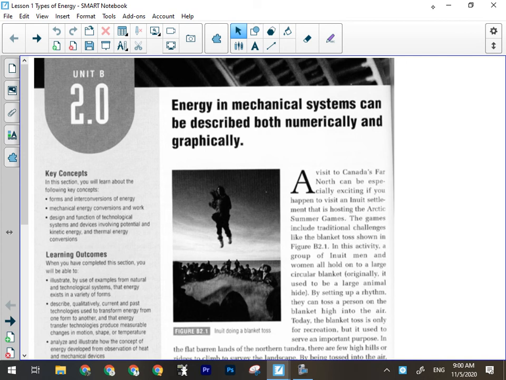Now, the blanket is doing work on the person who's on it. It is transferring mechanical energy to them and making them go really fast. Once they leave the blanket, they have a lot of kinetic energy, energy of movement.